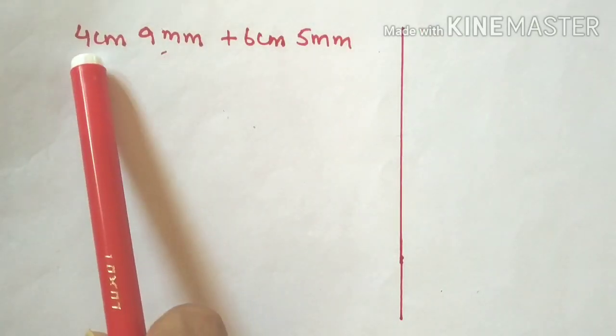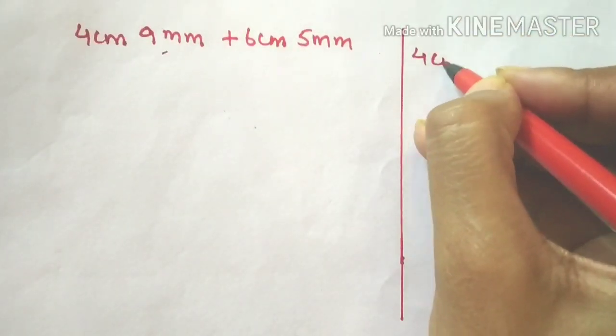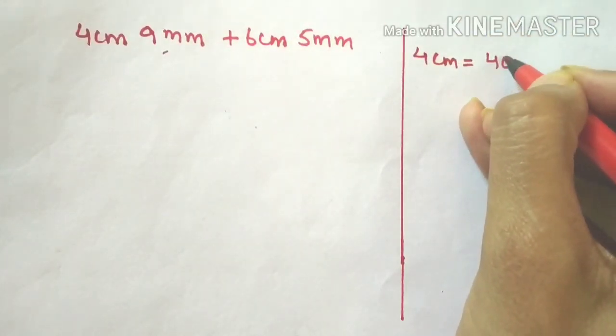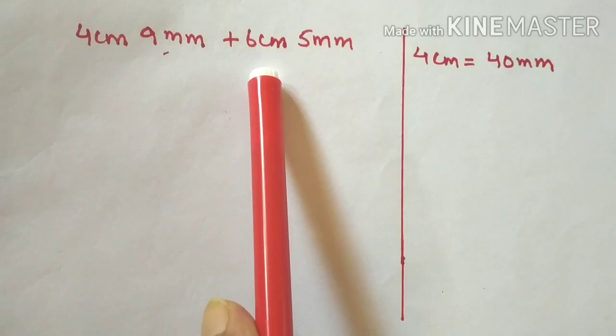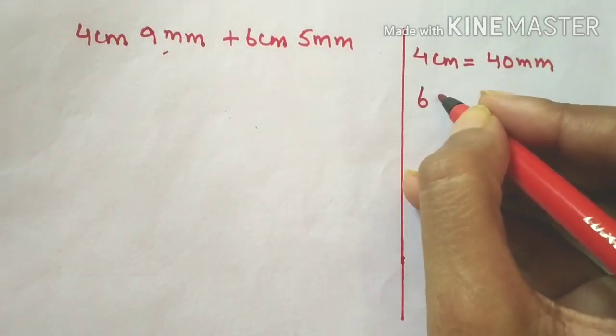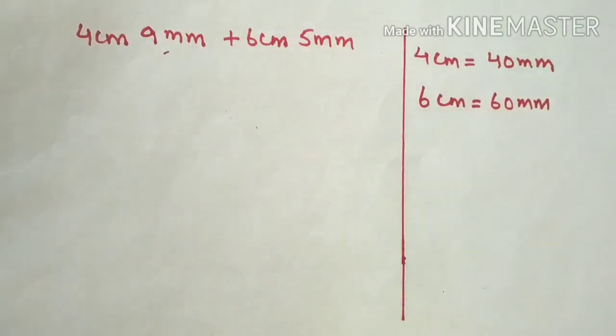So when we express 4 centimeters as millimeters, we get 40 millimeters. And when we express 6 centimeters as millimeters, we get 60 millimeters.